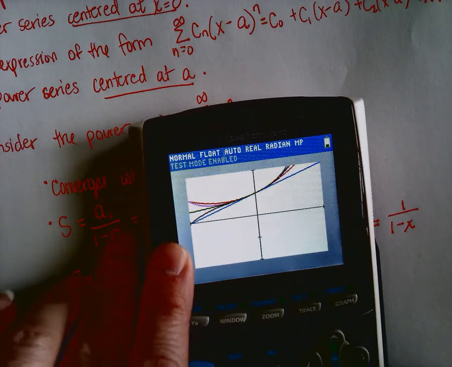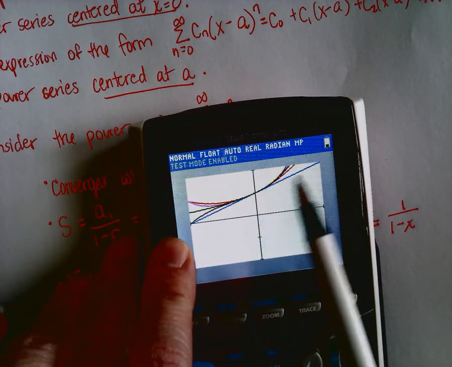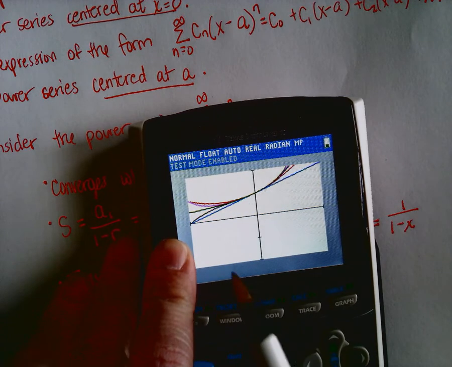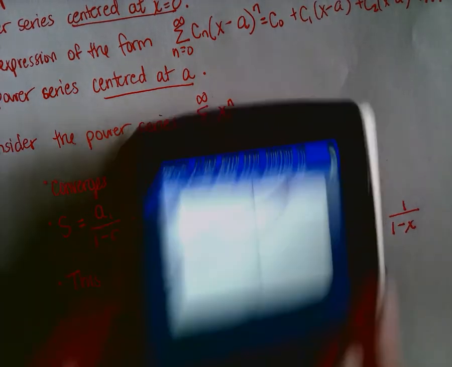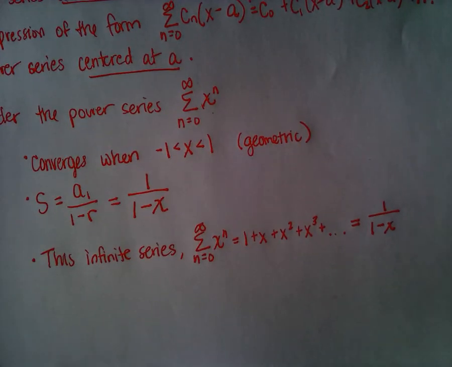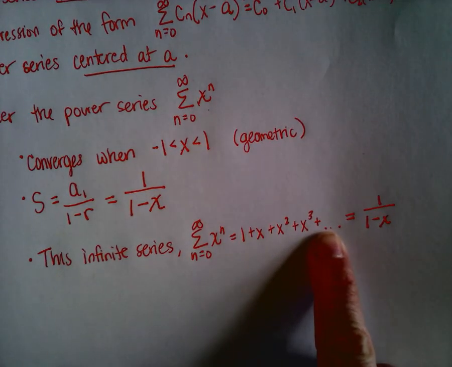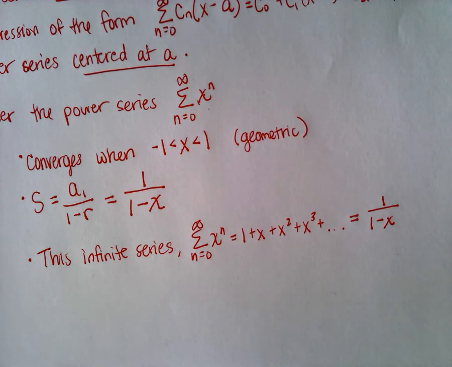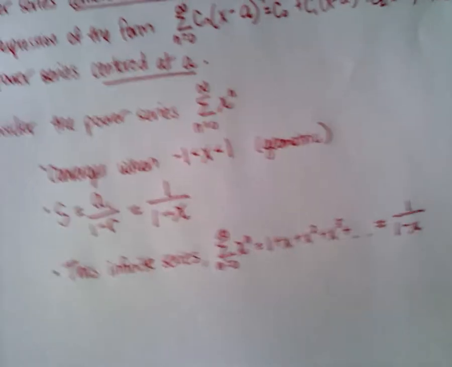Definitely not equal. But you can see that the more terms we have, the more accurate our polynomial is going to be. So the idea is that if I had infinitely many terms here, it would actually look exactly the same as 1 over 1 minus x as long as I stay between -1 and 1. So it's a really cool concept, actually. It's a little bit mind-blowing.